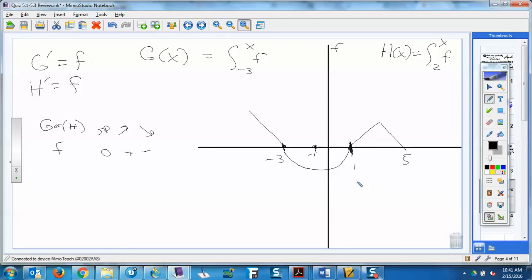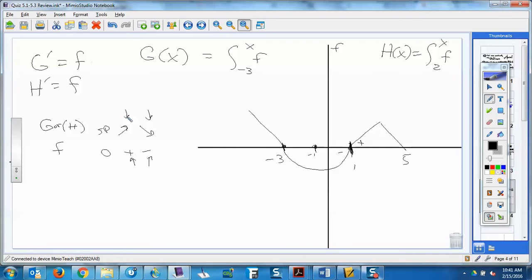So therefore, if little f is going from negative to positive, big G is going from decreasing to increasing.